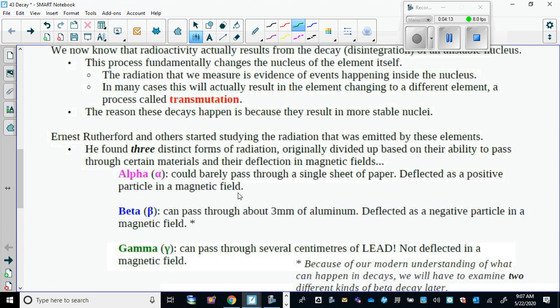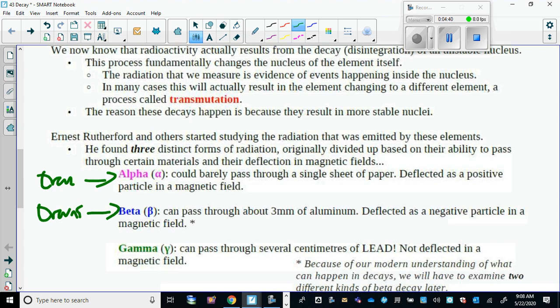There was alpha, where a nucleus ejects an alpha particle or a helium nucleus. Then there's beta, and we'll talk more about beta in a minute. And then there's gamma. Now alpha and beta involve transmutation, so they become different elements, but gamma radiation does not.